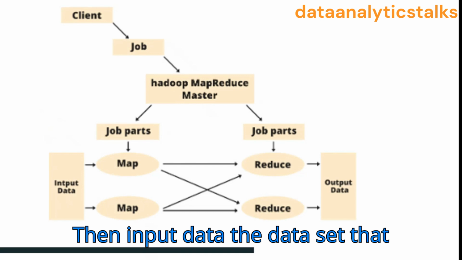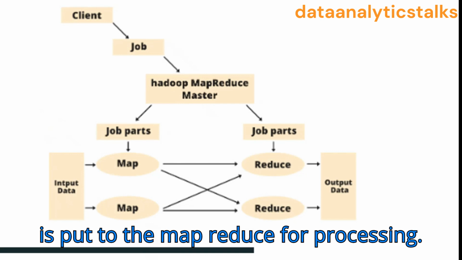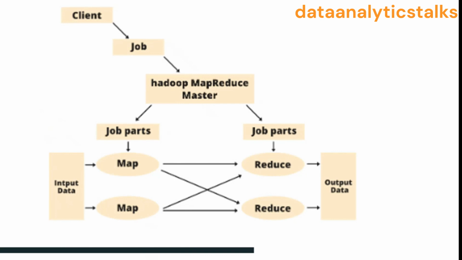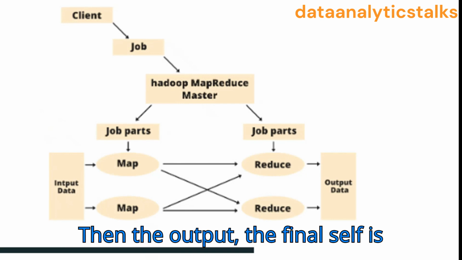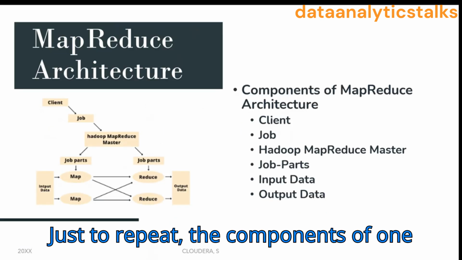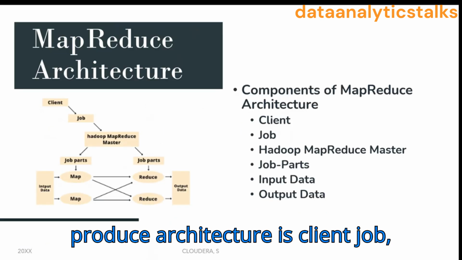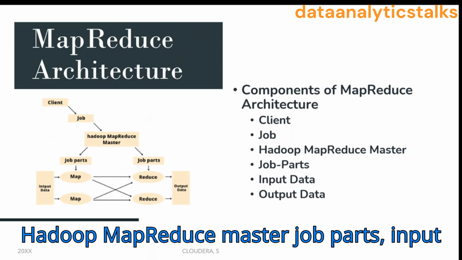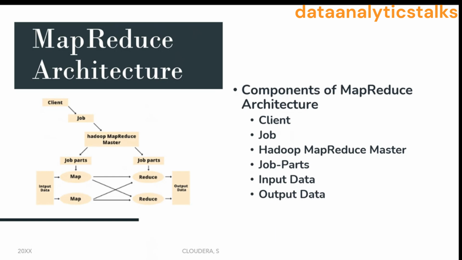Then input data, the data set that is fed to MapReduce for processing. Then the output, the final result obtained after processing. So just to repeat, the components of the MapReduce architecture are client, job, Hadoop MapReduce master, job parts, input data, and output data.